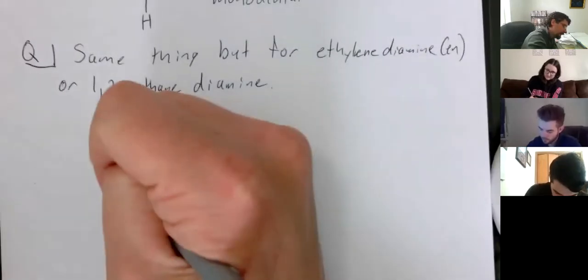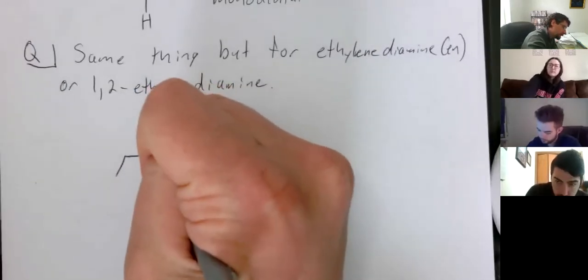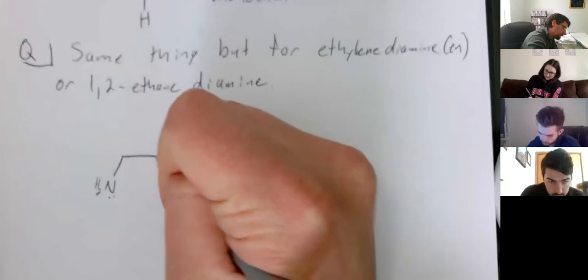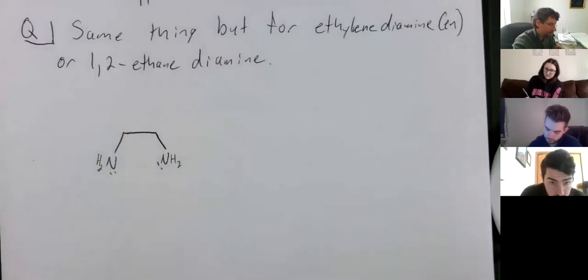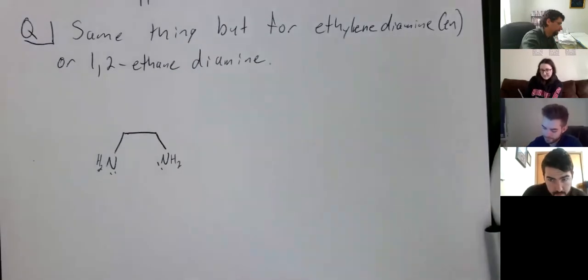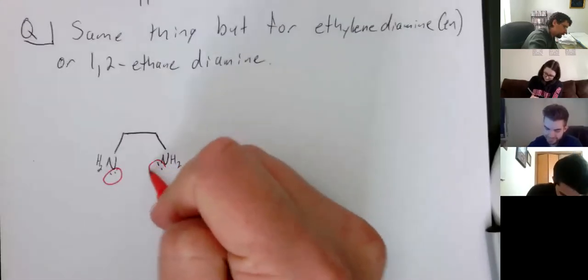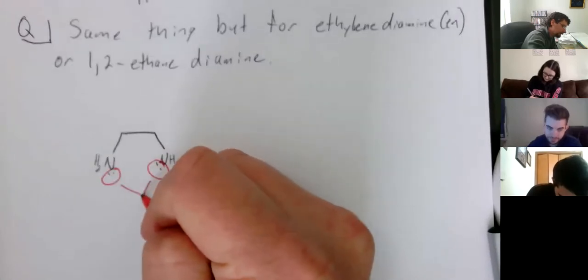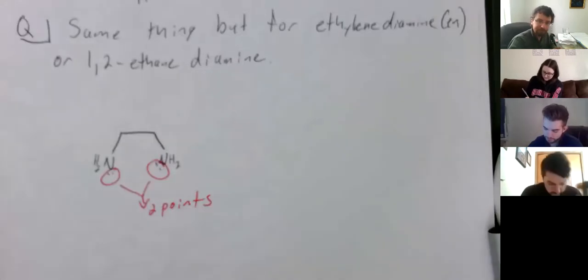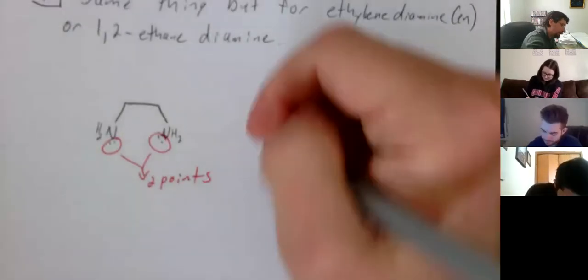So if we go to draw that guy out, it looks like that. How many points of attachment is it going to have? 2. Yep, 2. So what type of ligand is it? Yep, bidentate.